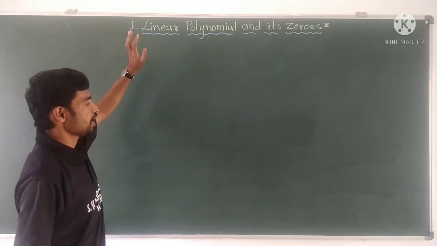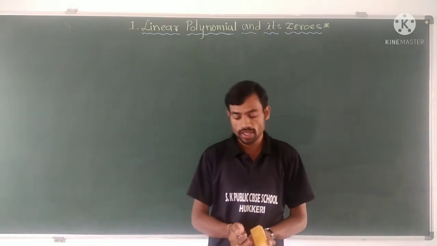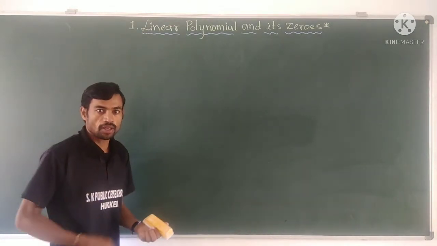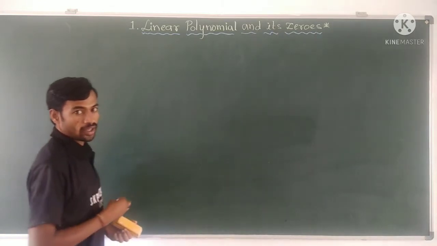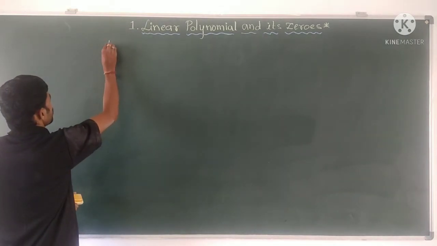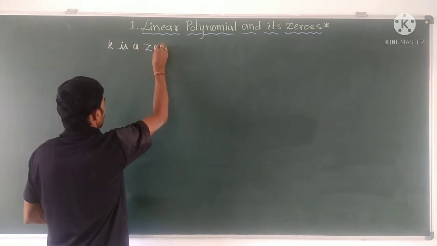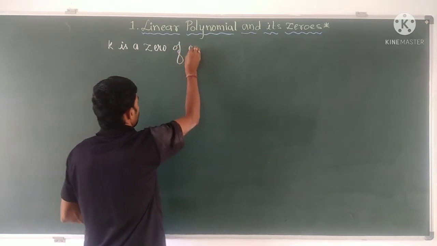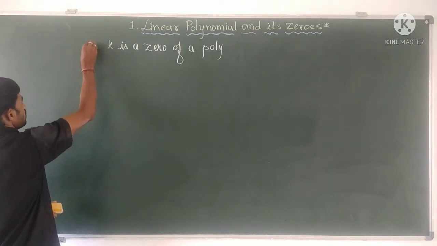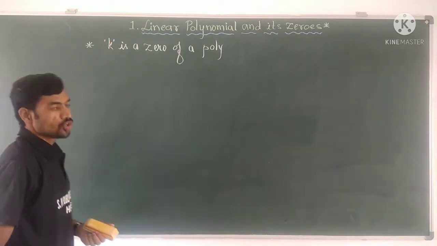Today we are going to see a linear polynomial and its zeros. What is zero? Already we have studied zeros of a polynomial, so once again I will recall what is zero of a polynomial. In general, I am explaining what is zero of a polynomial.